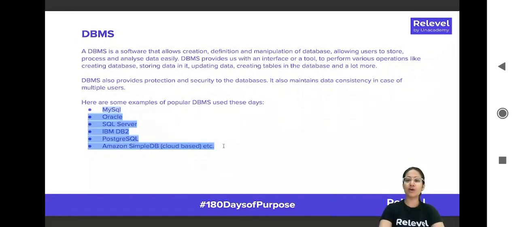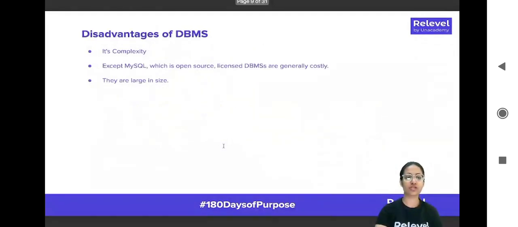Whereas the licensed ones are costly, but they provide you dedicated customer service. There's an option to call customer care and resolve any issues that you have, right? And with that, they are more organized, and in case there are any problems, they are taken up more quickly, because there is a dedicated set of people working on these licensed softwares. Whereas MySQL is open source, so anyone can come and contribute. So that's one disadvantage of being expensive.